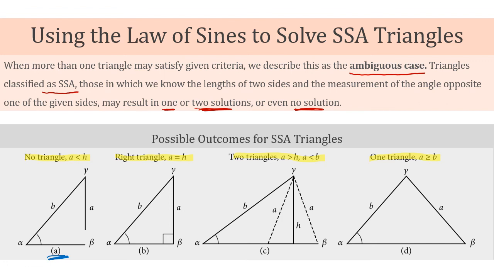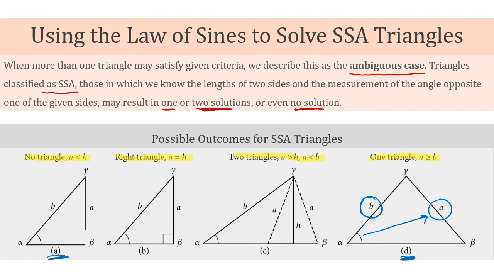Let's go over to the one triangle situation on part D. That's going to be the situation where the side A that's across from the given angle is larger than the second side that's being given to you.